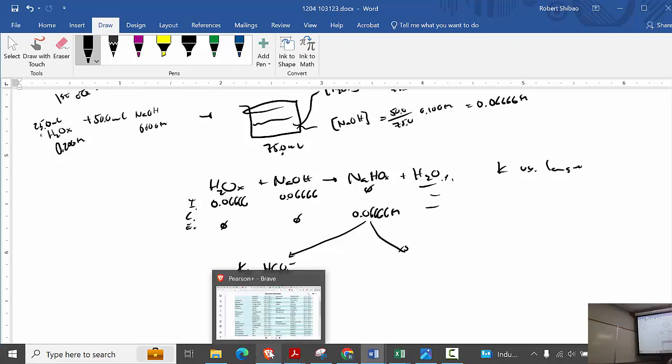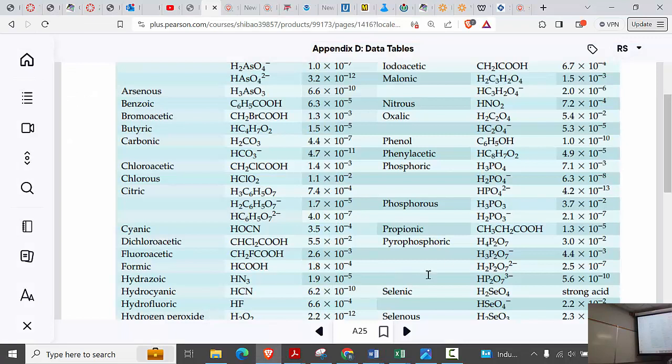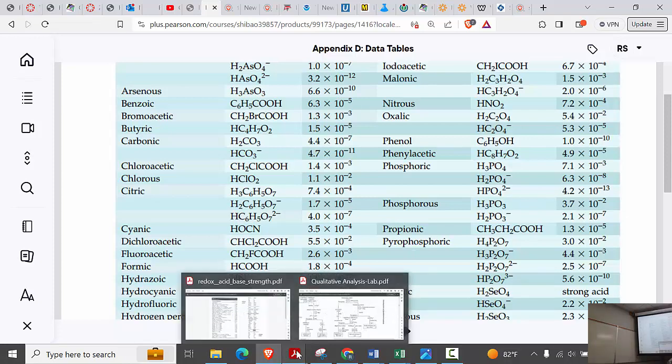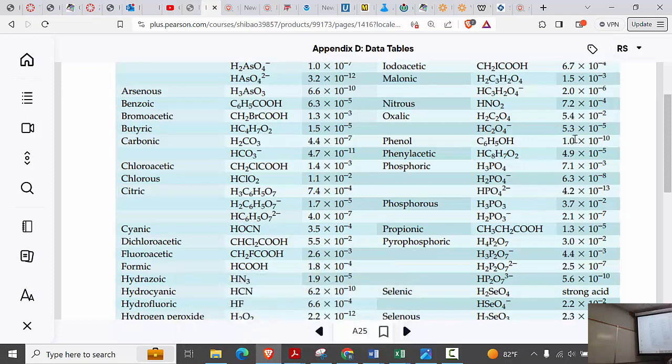I understand that it's a very strong acid, but why didn't you use very large instead of the 5.9 instead of negative? The 5.4, is it 5.9 up there? Yeah, that data is a little bit older, so we're going to use our book's data, which is 5.4 here. And then hydrogen oxalate up there is 6.4 times 10 to the minus 5, and here it's 5.3 times 10 to the minus 5, so we'll use this book's data too.